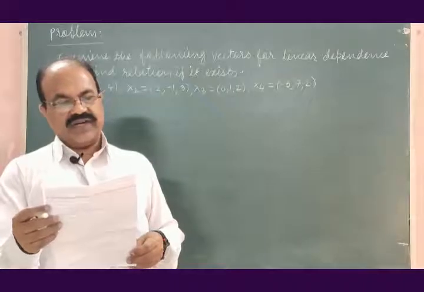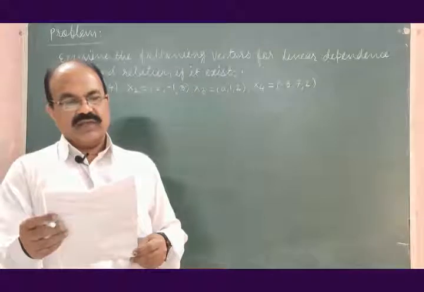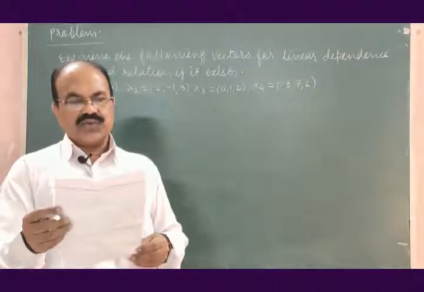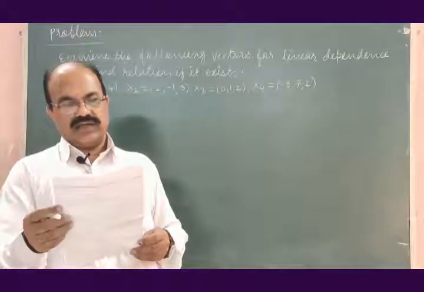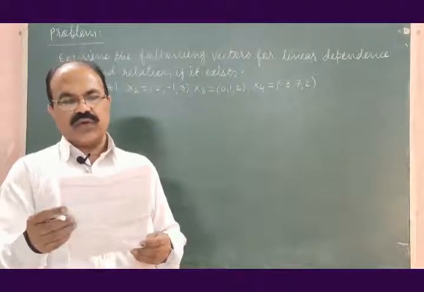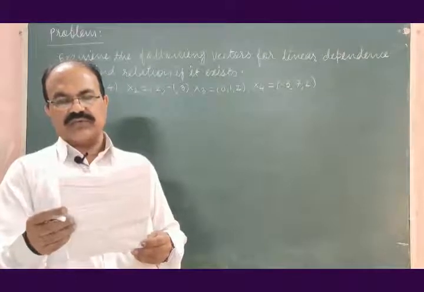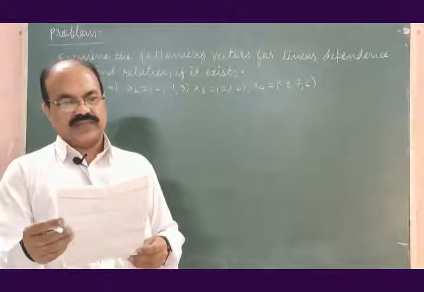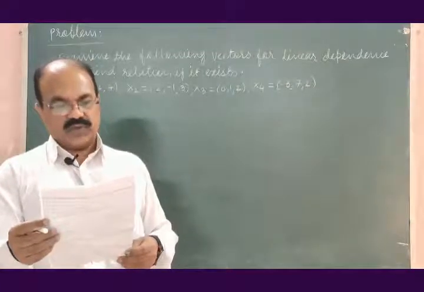We are provided with four vectors: x1 = (1, 2, 4), x2 = (2, -1, 3), x3 = (0, 1, 2), x4 = (-3, 7, 2). We have to solve this problem.